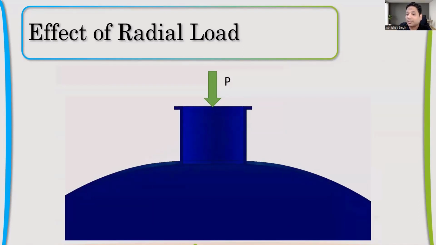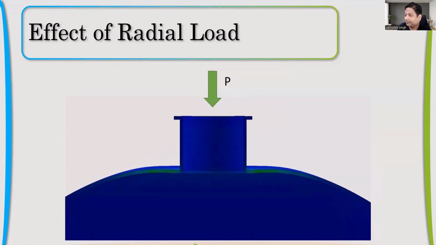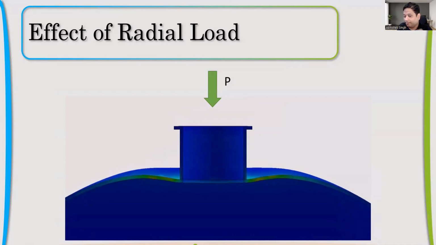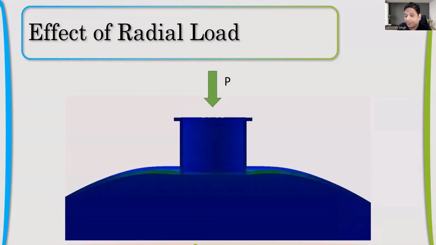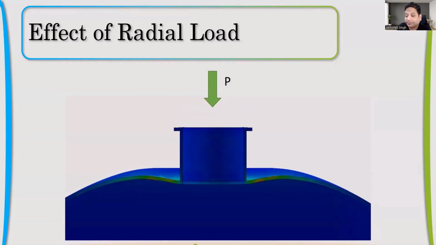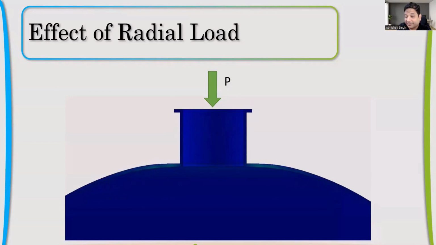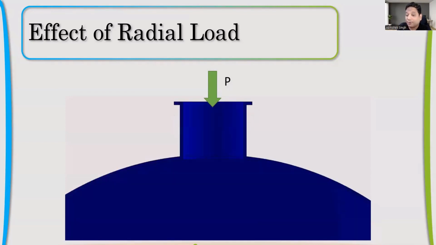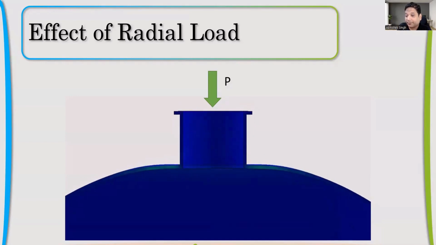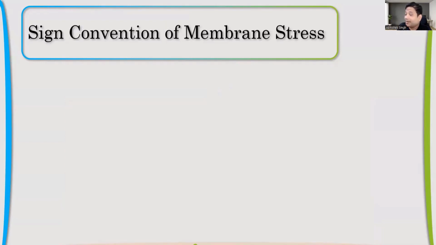If we see in this cross section, P is the radial or axial load, and because of that, there will be stresses generated, both bending and also membrane. Right now, sign convention.